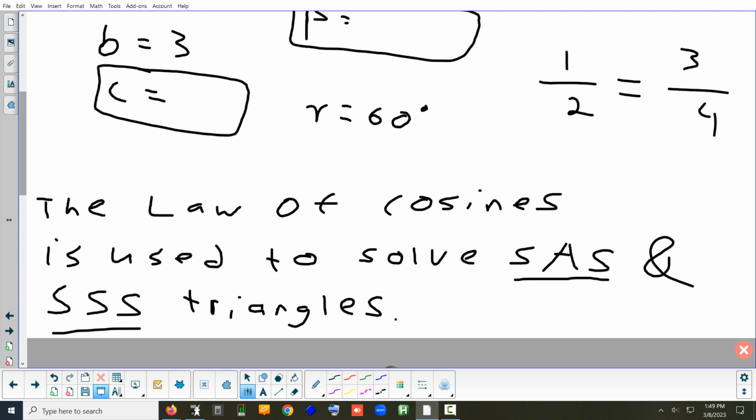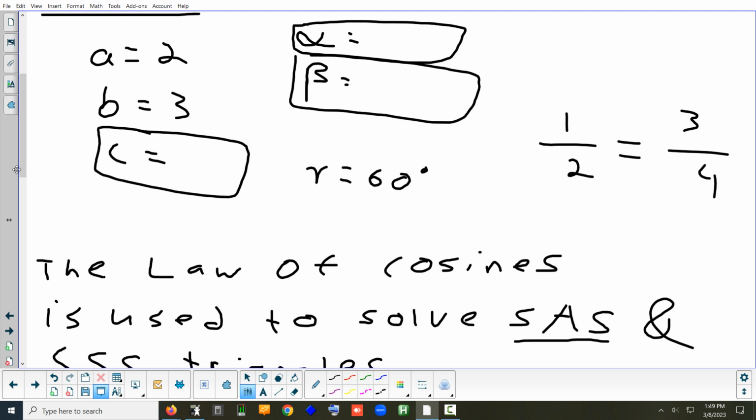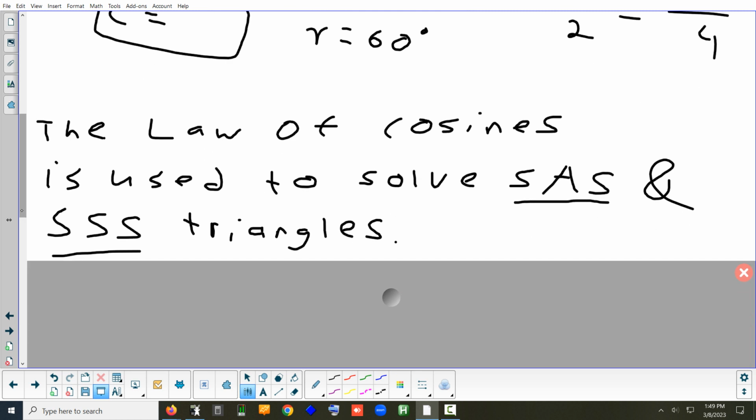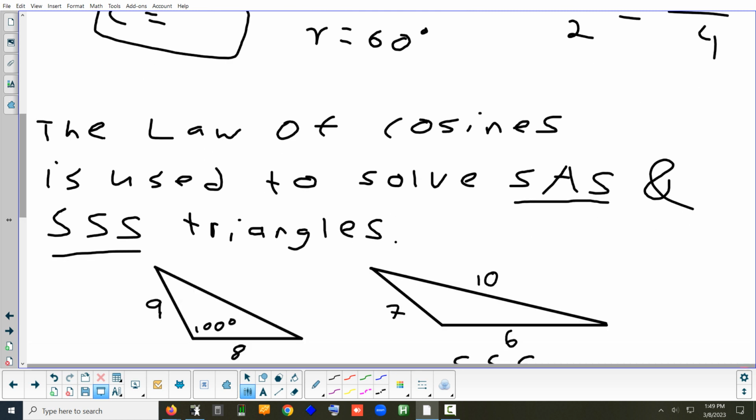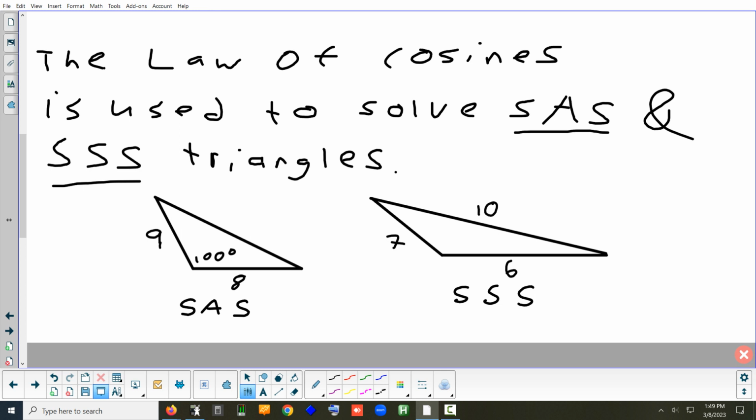So that's where we use the law of cosines. This problem is an example of SAS: a side, an angle, and a side. Both SAS and SSS have to be solved with law of cosines. On the left, it's just a different example of an SAS triangle.